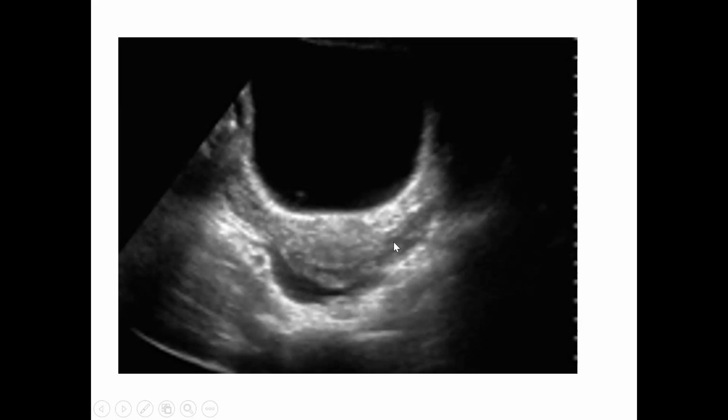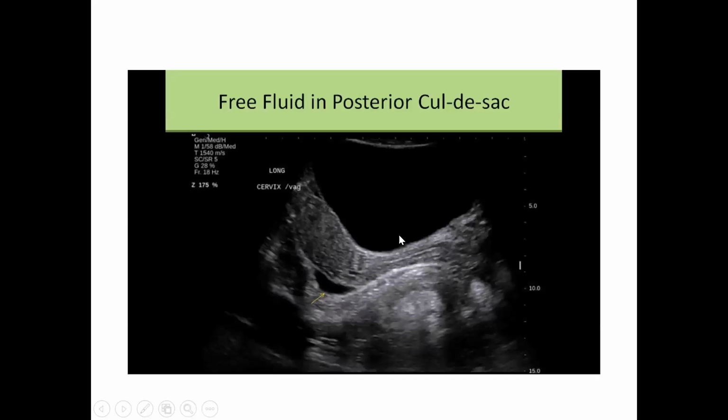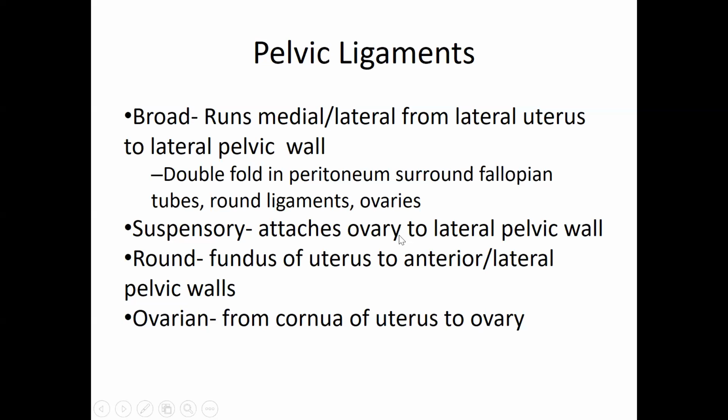As a general term, we call that the broad ligament. However, the broad ligament is more like a sheet that runs from the lateral aspects of the uterus into the adnexa. Remember, adnexa is the word for anything outside of the uterus laterally. So it runs from the lateral uterus to the pelvic walls, and it's a big sheet.